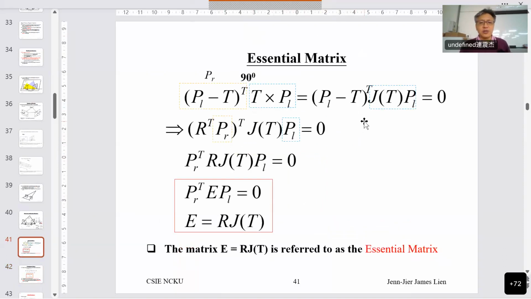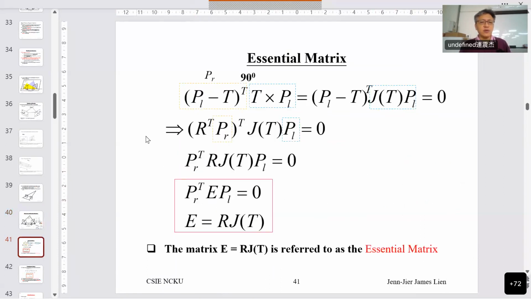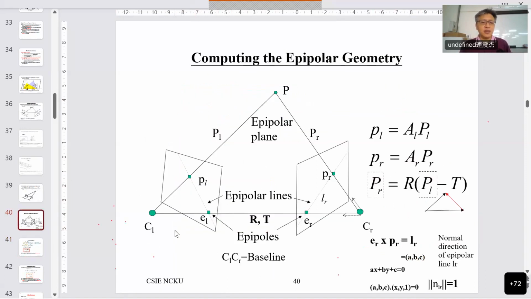Okay, so back to here. How can we prove this essential matrix? That's from here. Okay, because it's based on this one. So there's P left minus T here.